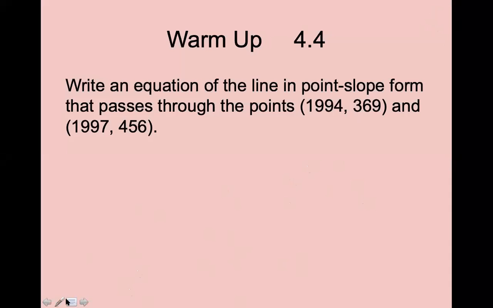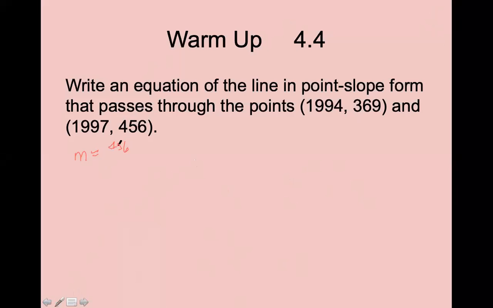All right, welcome back. Let's go ahead and check your work here. The first thing we need to do is find the slope. I'm going to use 456 as my y2.